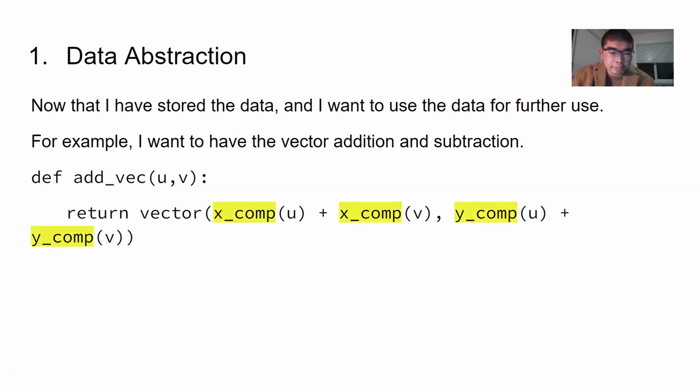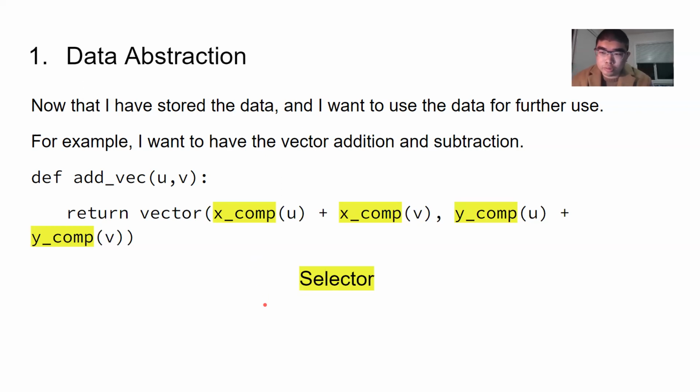And the first one is the selector. We can only use one tool to get access to the data, and another tool to build and store data. So how can we get access to data? We have to use a selector.